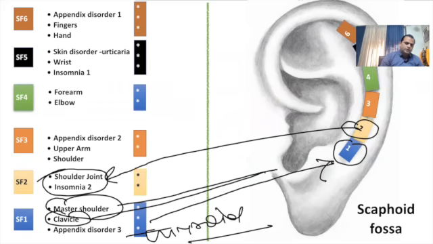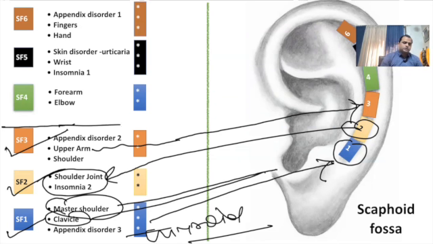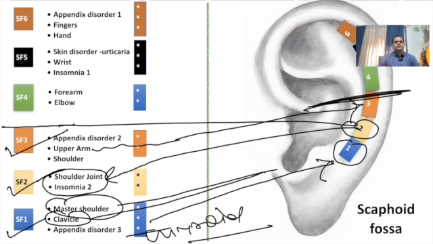अब शोल्डर के नीचे गए, अब मिलेगा अपर आर्म. Now the SF3 will be upper arm. Okay, so this is the upper arm. So till the SF3 we have completed master shoulder, shoulder joint and upper arm. पूरा upper arm तक का भाग हमने खत्म कर दिया, right?